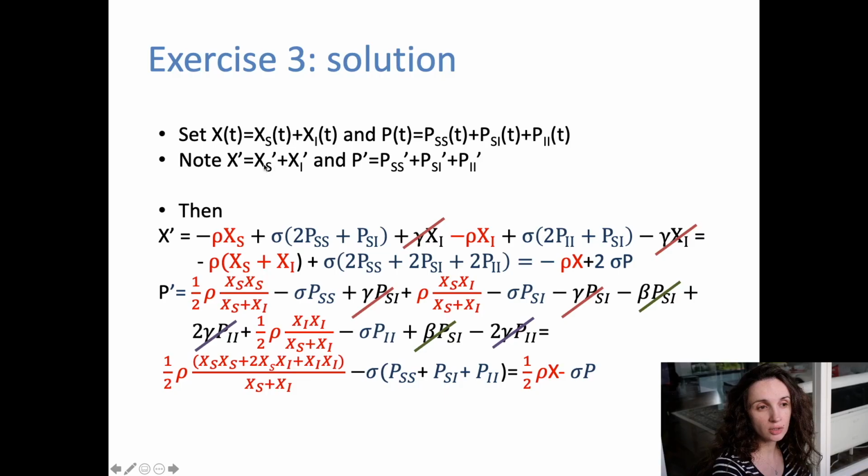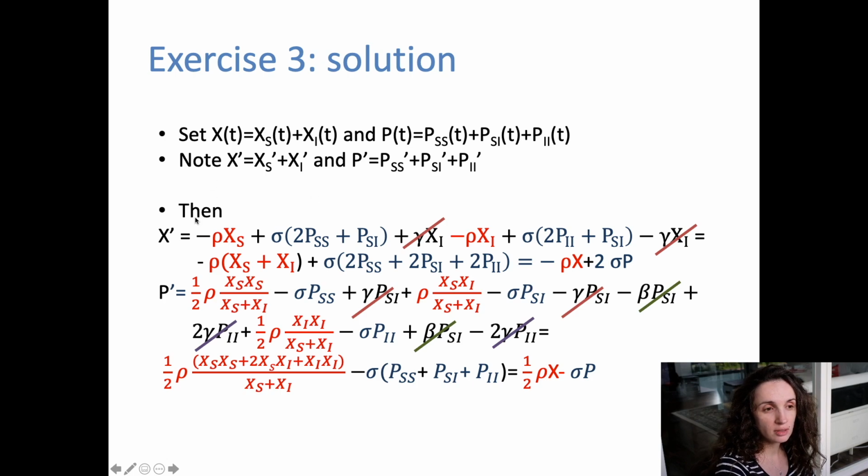Of course, note that the differential operator can be distributed over the sum, and therefore if you would like to find the derivative of x with respect to time or p with respect to time, what you really need to do is adapt the derivatives of compartments xs and xi respectively, or pss, psi, and pii respectively.